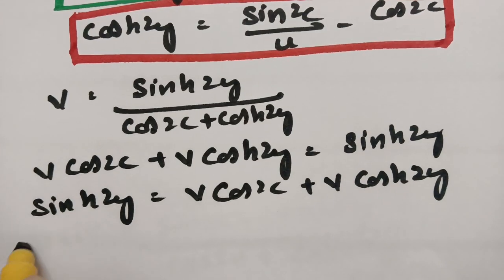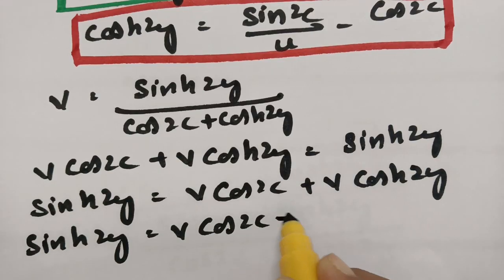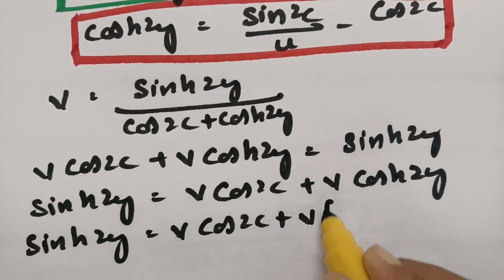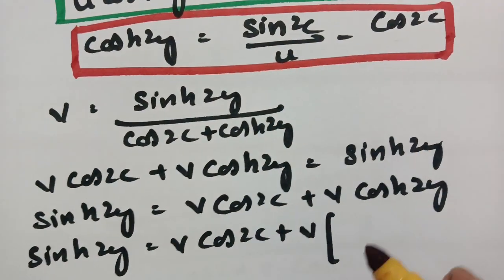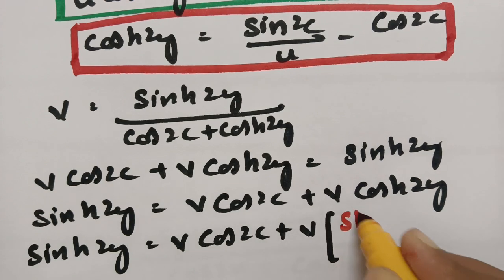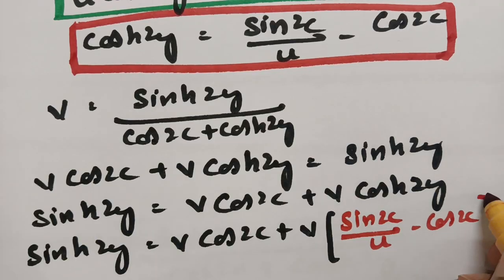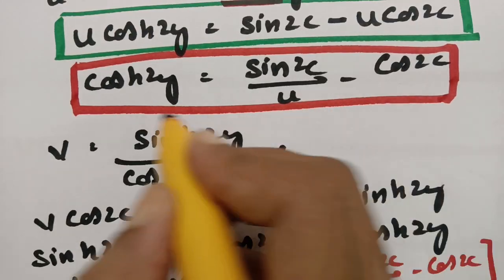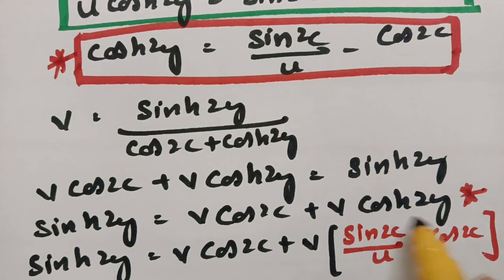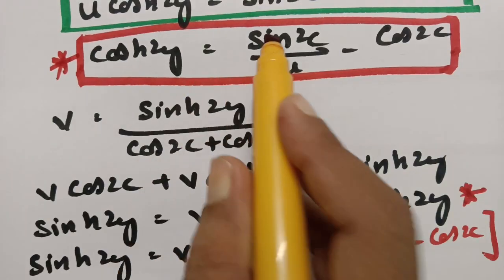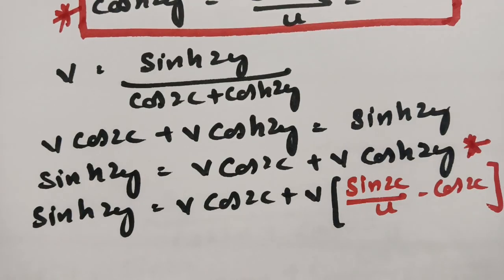Then sinh 2y is equal to v cos 2c plus v times cosh 2y, which from this is sin 2c by u minus cos 2c. I am keeping one star here: the cosh 2y value I have substituted as sin 2c by u minus cos 2c. So if I multiply, see what happens.